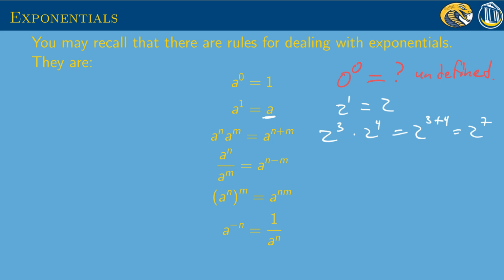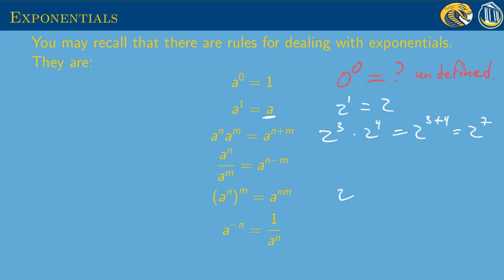That means if we have two exponents with the same base being divided by one another, a to the n divided by a to the m is a to the n minus m. Next, we have a power of an exponent, so a to the n to the power of m is a to the n times m.